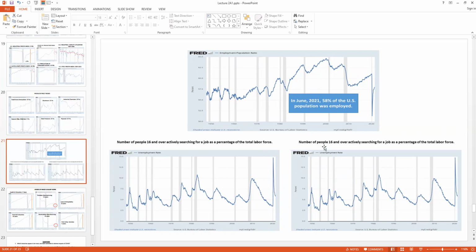And the number of people over 16 searching for a job as a percent of the labor force.